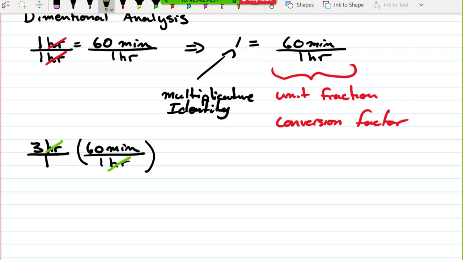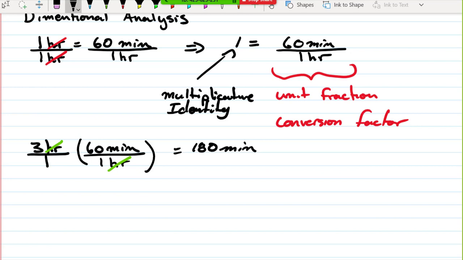My hours reduce out. 3 times 60 is 180, and my units that are left are minutes. So this shows that 3 hours is exactly the same as 180 minutes.